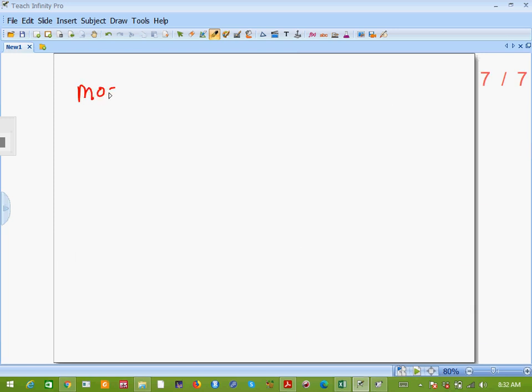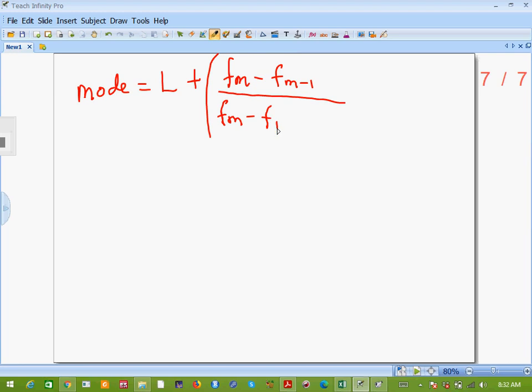So, the mode here just equals L plus, open bracket, frequency of the modal class minus frequency before, over frequency of the modal class minus frequency before, plus frequency of the modal class minus frequency after the modal class, close bracket, times the class width.